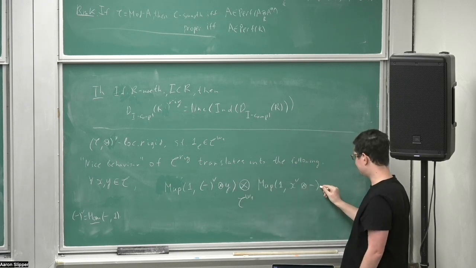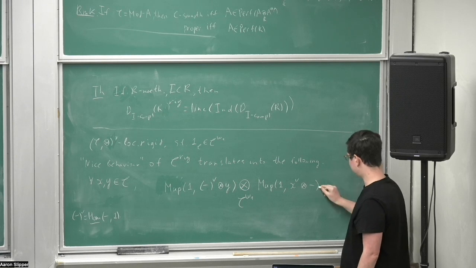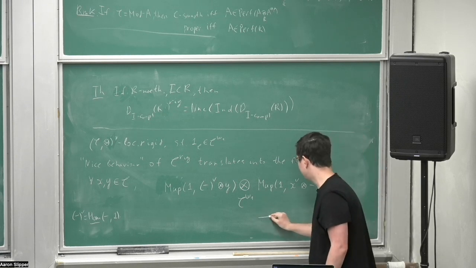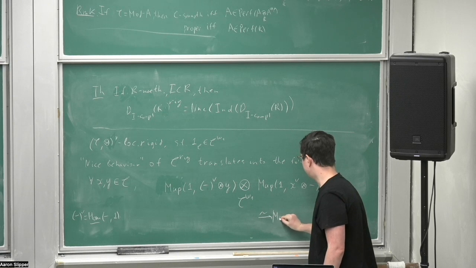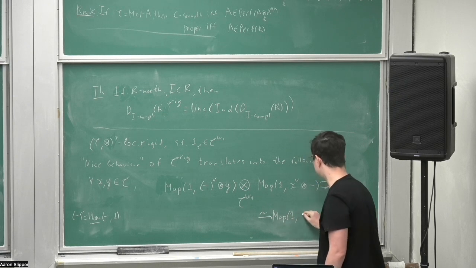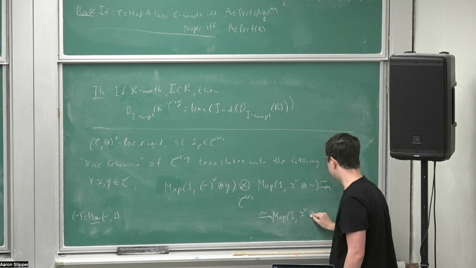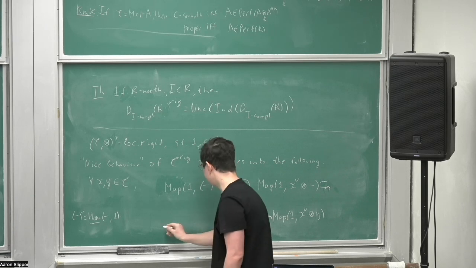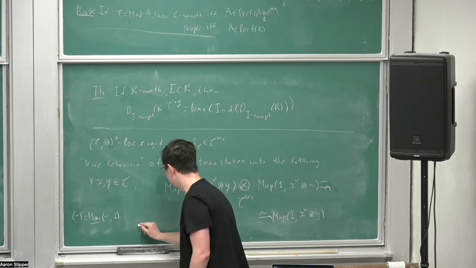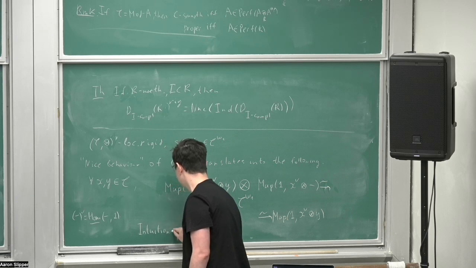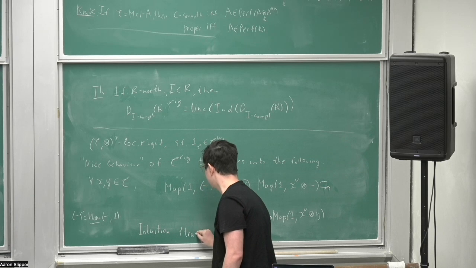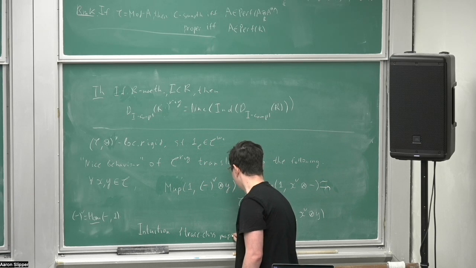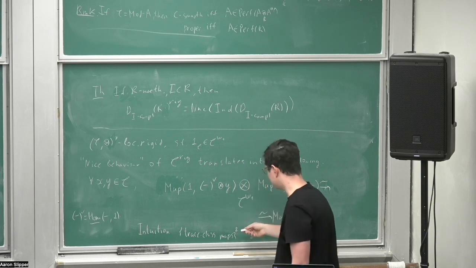But the statement is that this maps isomorphically to the map from the unit to X dual tensor Y. So, intuition: it is like the ideal of trace class maps equals its square, in the direct sense.